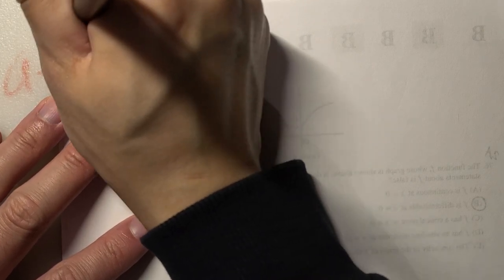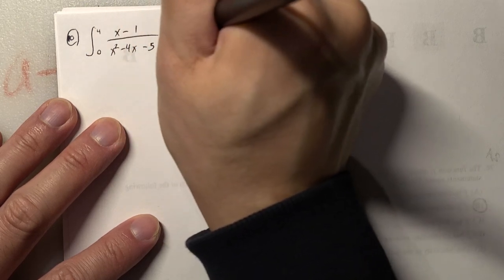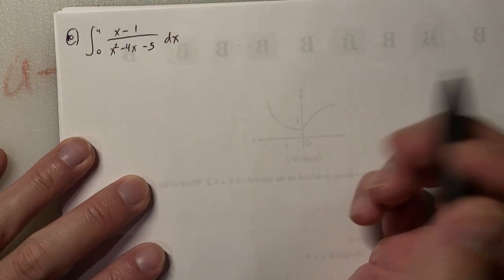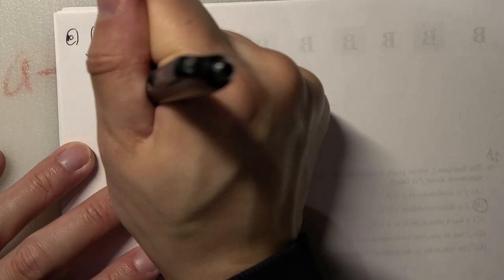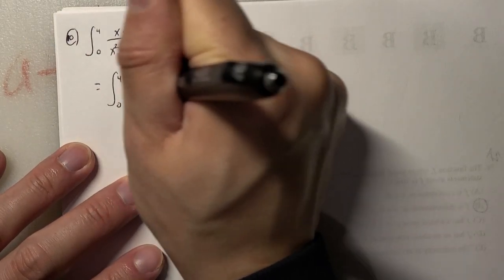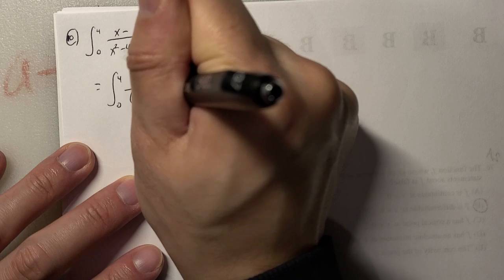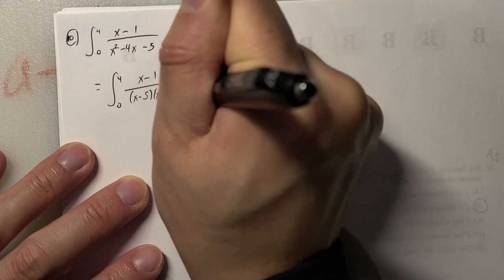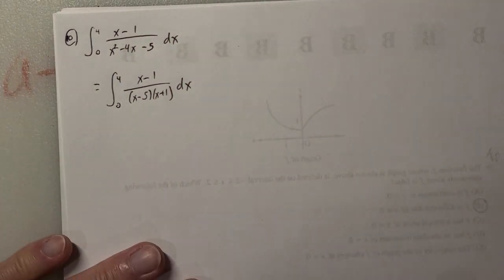So number 10, integral from 0 to 4 of x minus 1 over x squared minus 4x minus 5. Okay, I see this is a rational function, so maybe let's do partial fraction decomposition. So let's factor the bottom. That's what we get when we factor.